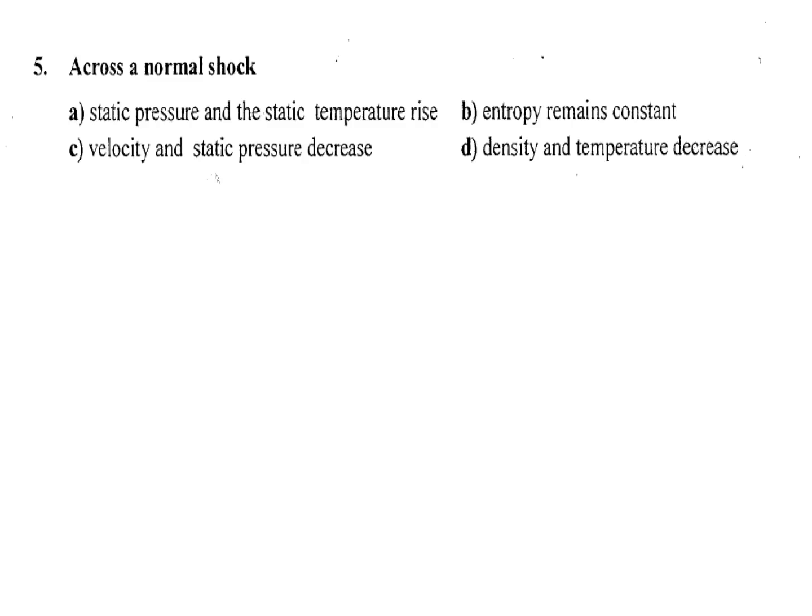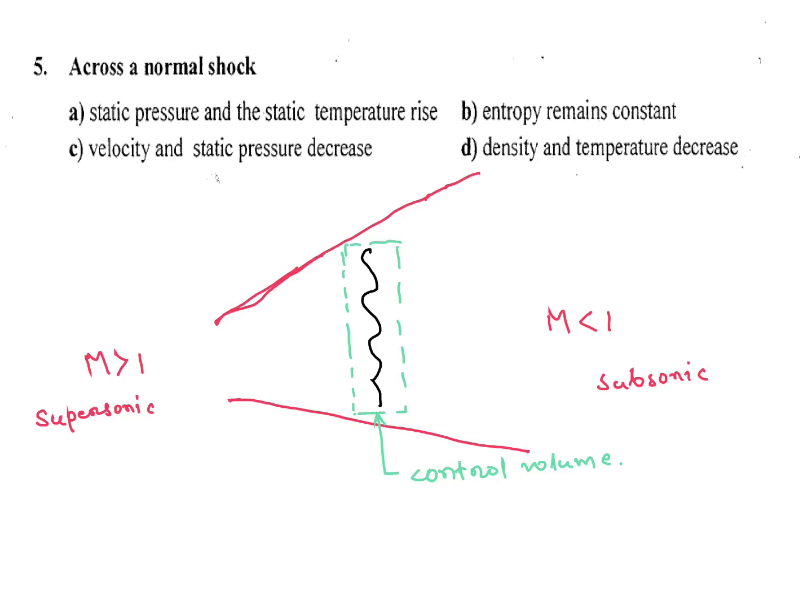Across a normal shock, first I will draw the diagram of normal shock. This is a divergent passage. Fluid is flowing like this from this end to this end.